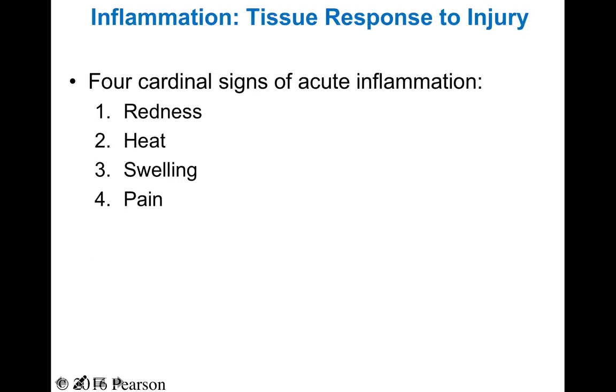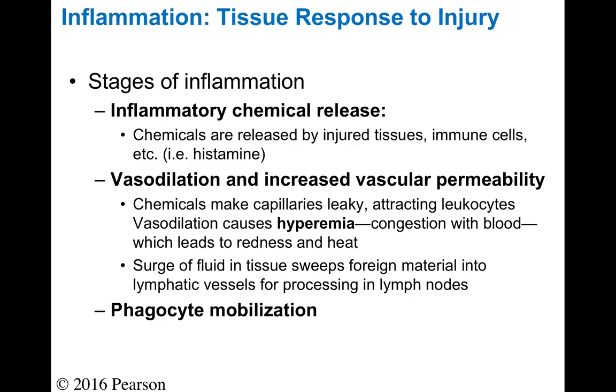So, the four main characteristics of inflammation are redness, heat, swelling, and pain. So how is each of these created? As we go through this, let's take a look at the stages responsible for creating an inflammation.